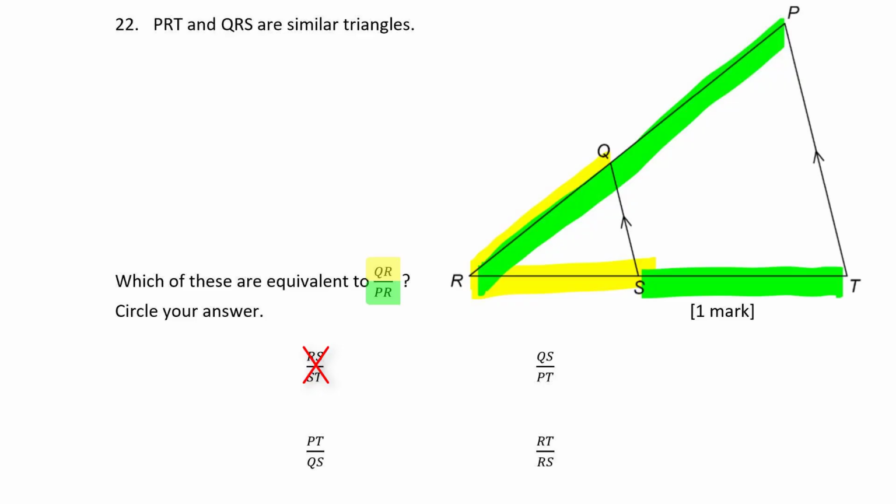What about QS to PT? Let's just get rid of those two. QS is that side to PT. Yeah, those two are matching. Small one to big one, so yes, that one is true. What about PT to QS?